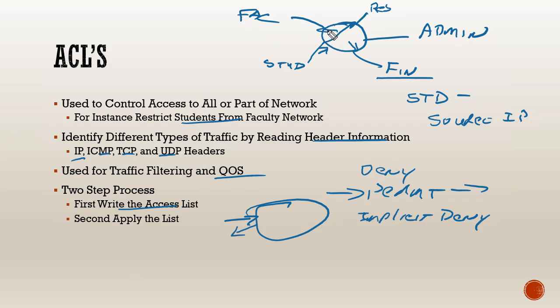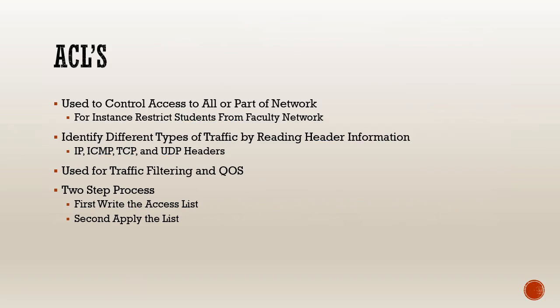It's going to use its CPU cycles in order to do the routing. The rule for applying the standard list is closest to the destination. So SD, standard, closest to the destination, because we can't be quite as precise with it as we will be able to when we get to the extended lists.